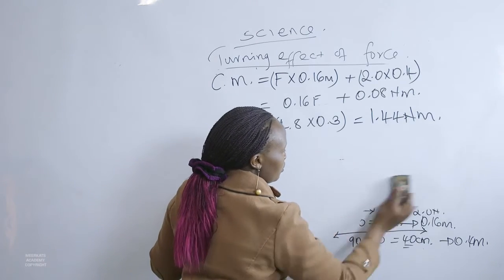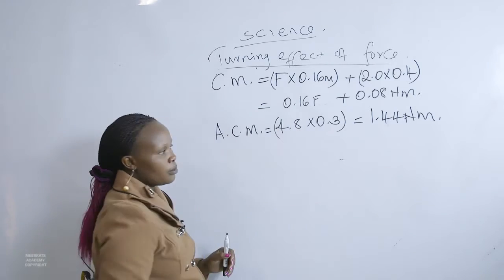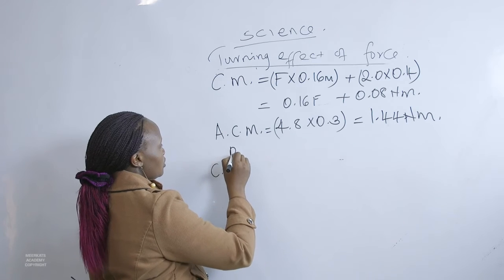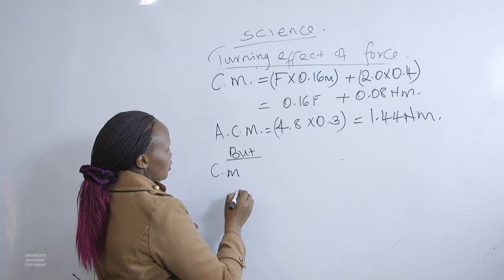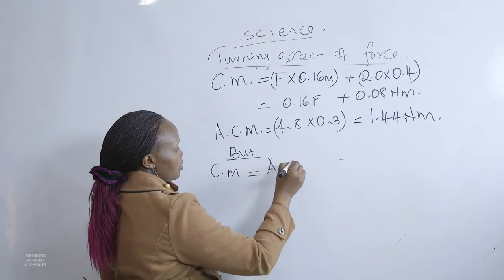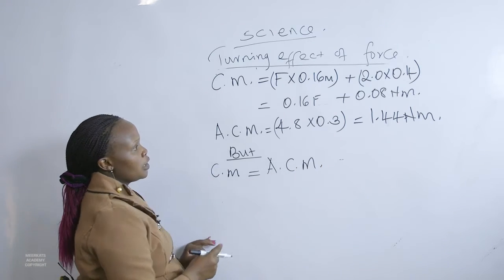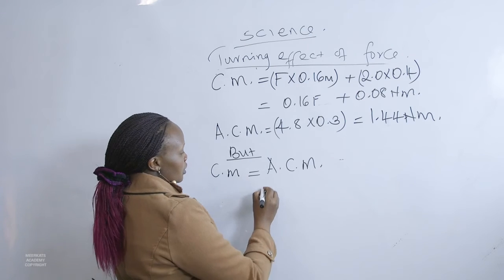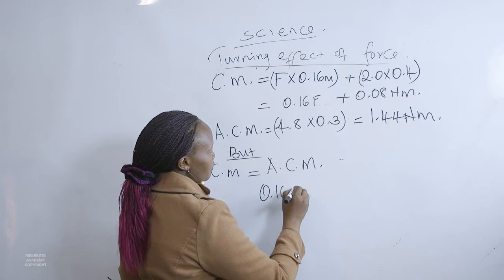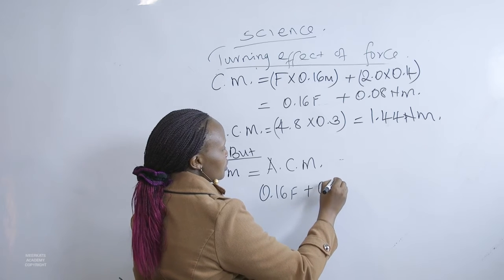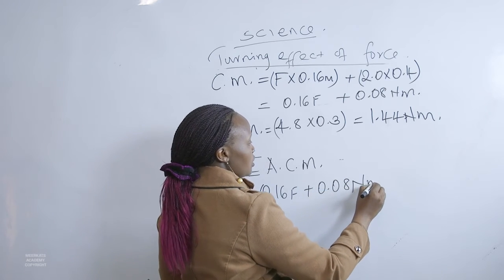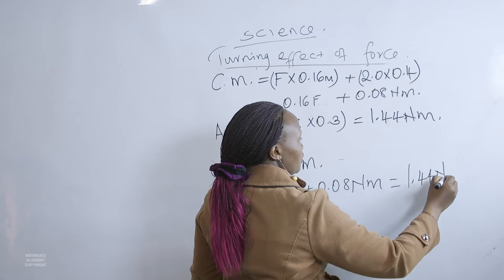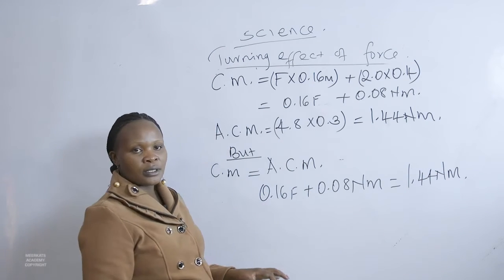Now, from the principle that we have been studying, the principle of moment, clockwise moment should be equal to anti-clockwise moment. Therefore, we take the moments and equate them so that now we have 0.16 F plus 0.08 Newton meters being equal to 1.44 Newton meters.